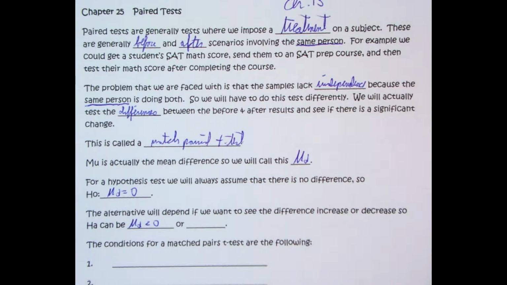Let's say you're doing blood pressure. You do an experiment. You test the people's blood pressure, you do a treatment, and then 10 weeks later, you retest their blood pressure. Well, what do you want to see happen to the average blood pressure? You want to see a decrease. So in this case, we would want to see the mean difference be less than 0. We would want to see that it went down.